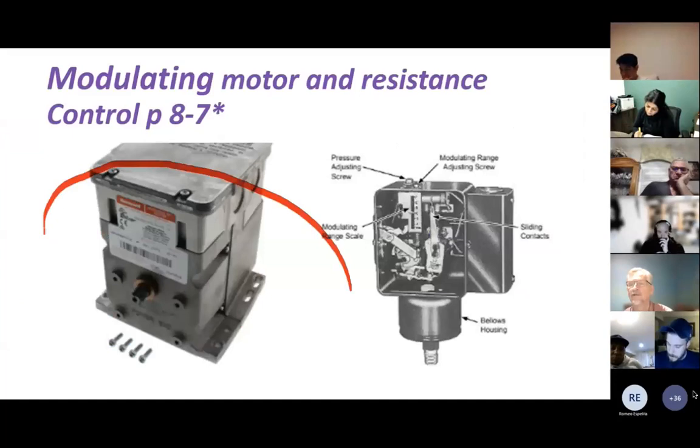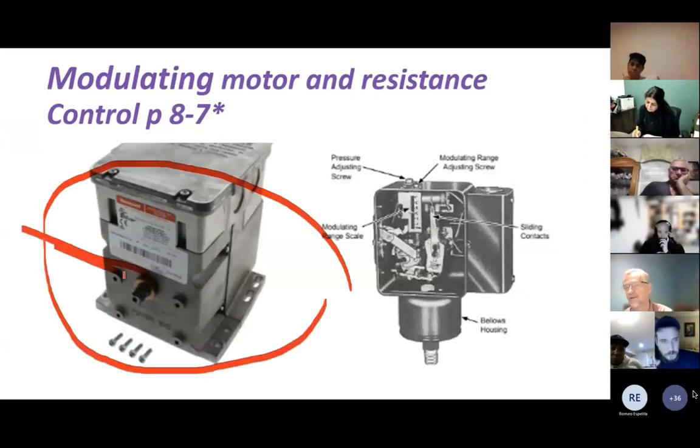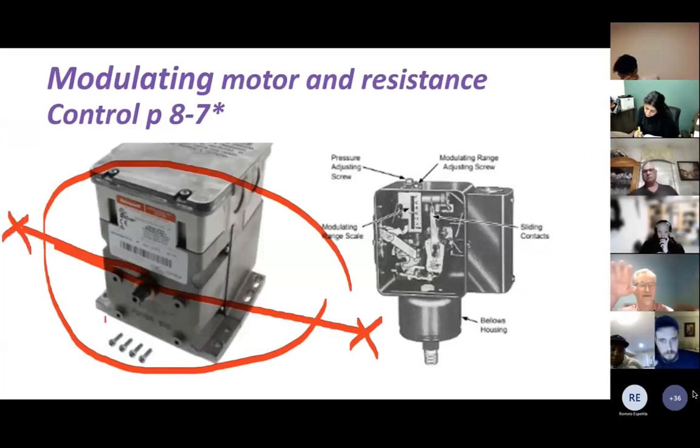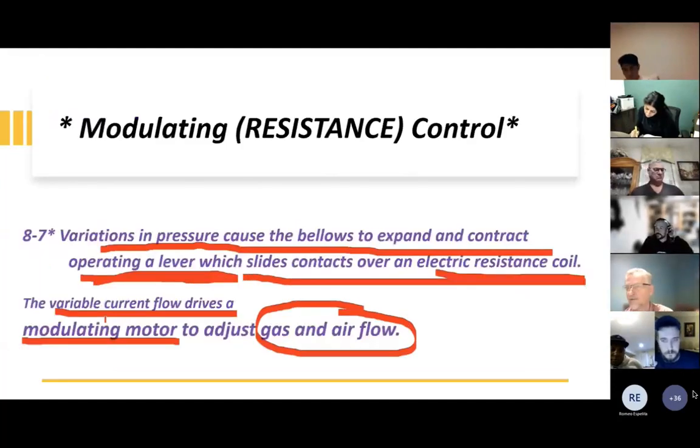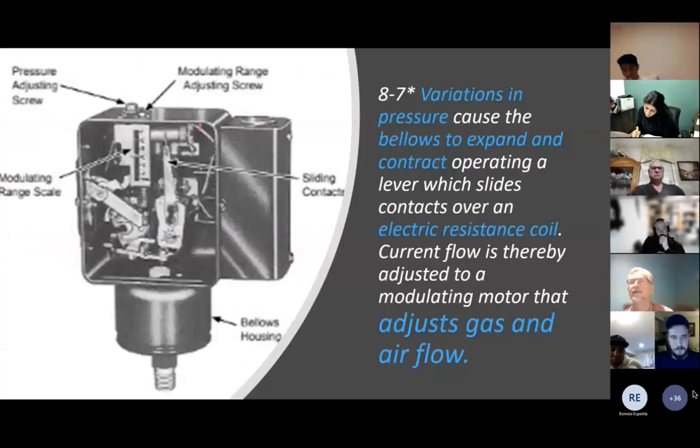If you see a motor like this, there will be a lever. Generally, the lever goes across, with a gas valve on one side and a connection to an air damper on the other side. So as the air and fuel are adjusted, they're moved simultaneously.